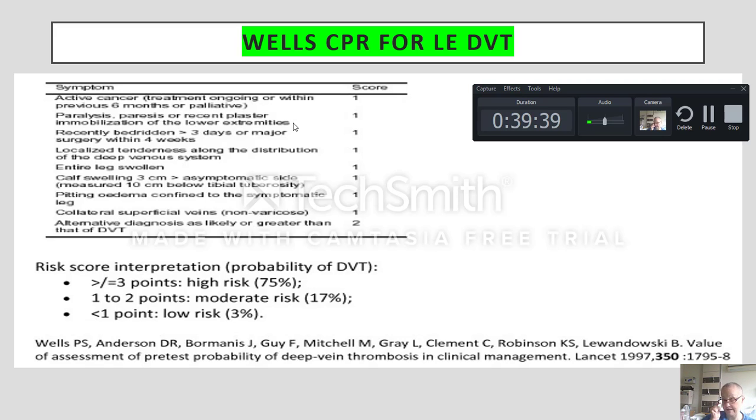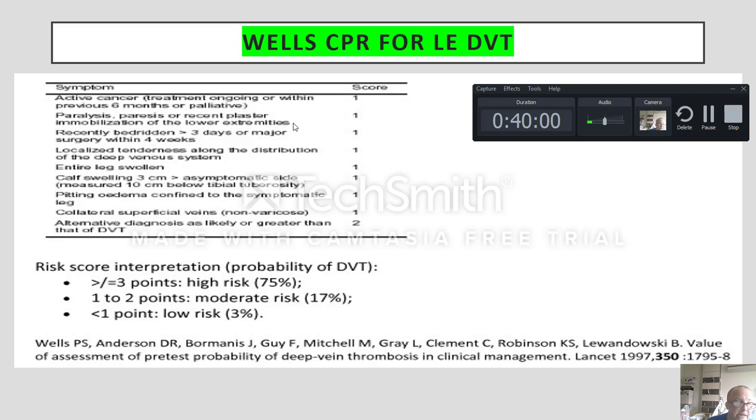So again, we're looking at 17% risk. Localized tenderness along the distribution of the deep vein venous system, a 1. Entire leg swollen, a 1.